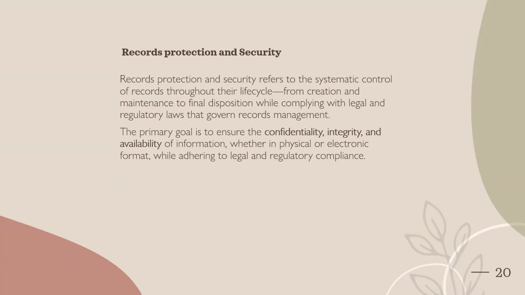The primary goal is to ensure confidentiality, integrity, and availability. We talked about this: a record has to be confidential, it has to have integrity, and it has to be available for use, whether in physical or electronic formats, while adhering to legal and regulatory compliance.